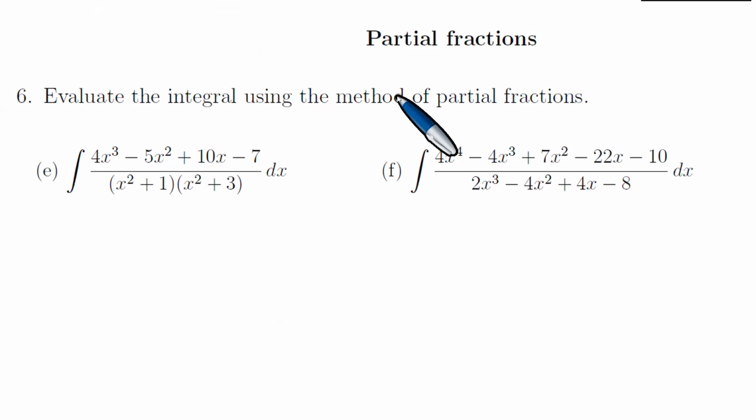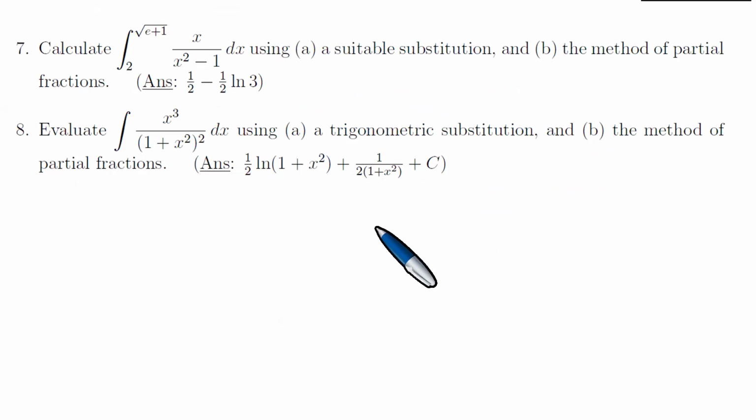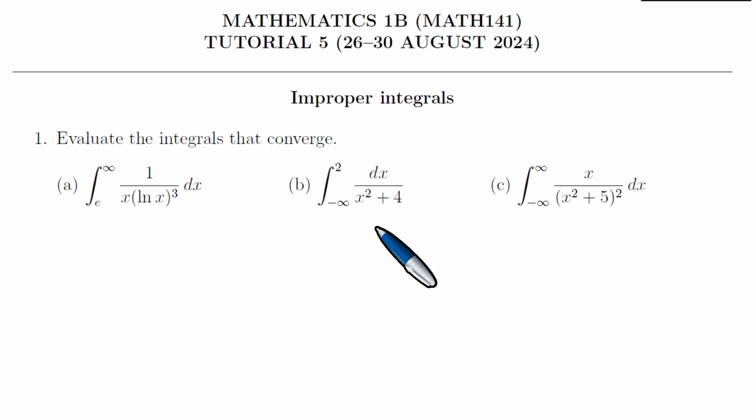Right, number 3 to 8, Tat 5. Okay, let's check. Number 3 to 8, Tat 5. Let's check that one. Here is Tat 5. This is Tat 5. And this is number 1.